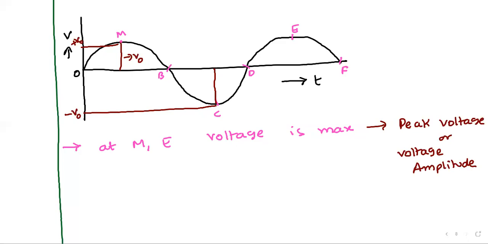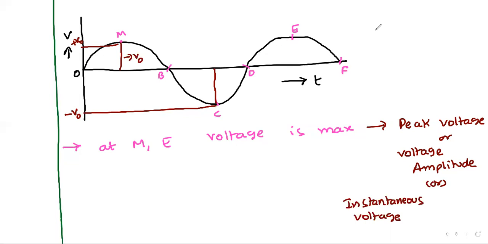Peak voltage or voltage amplitude, or we can also call it instantaneous voltage. So this peak voltage or instantaneous voltage or voltage amplitude will be indicated with V naught.